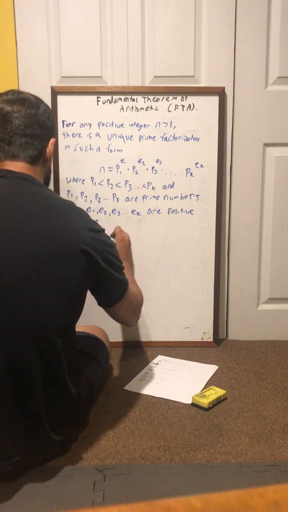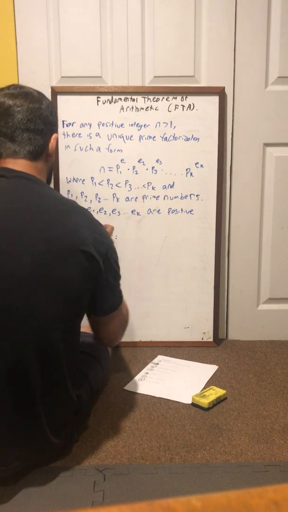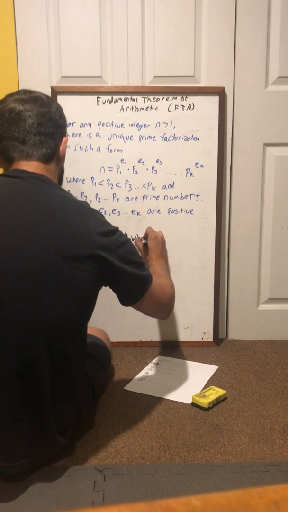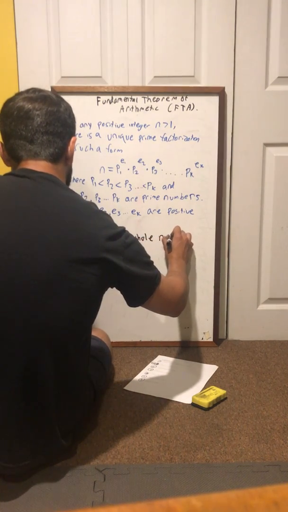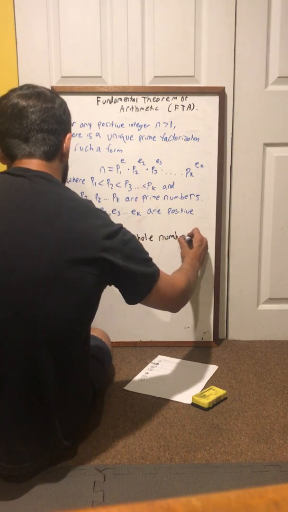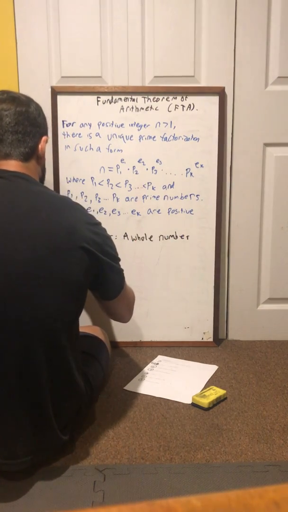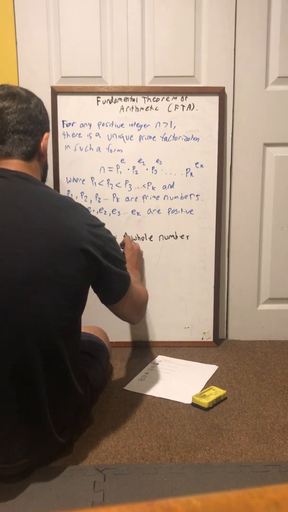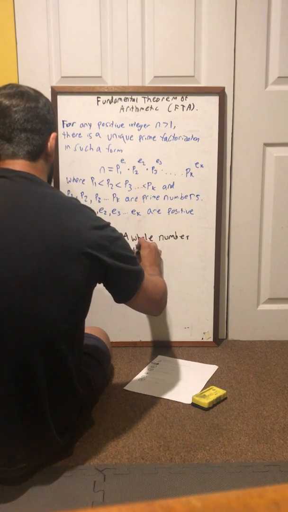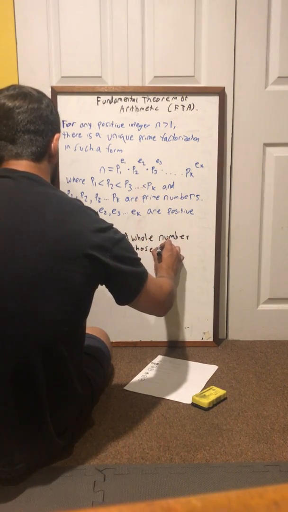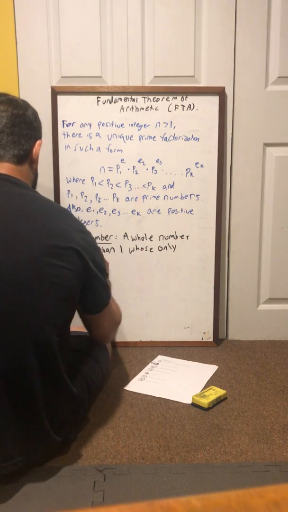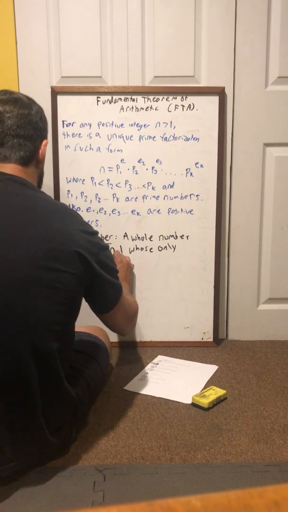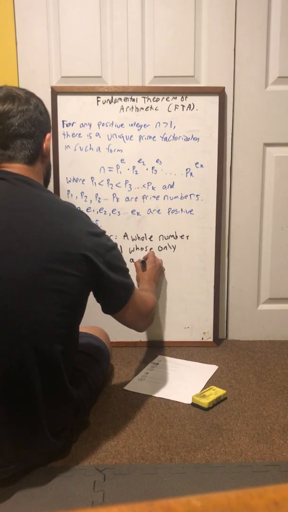The definition of a prime number, we're going to say, is a whole number greater than one whose only factors are 1 and itself.